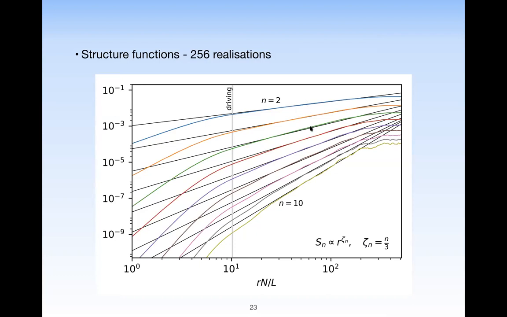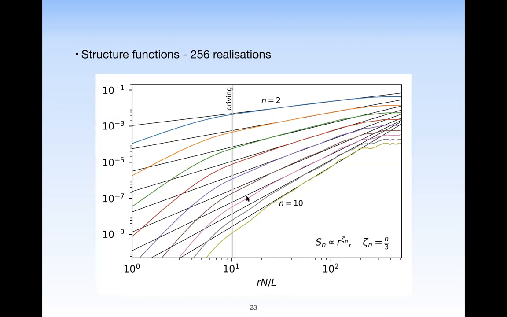Obviously, it becomes less and less accurate as we go down, or to higher values of n. But this is actually a quite remarkable agreement already. It's for roughly a decade on the horizontal axis.